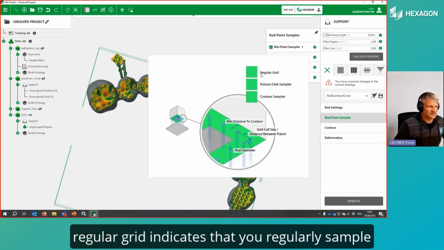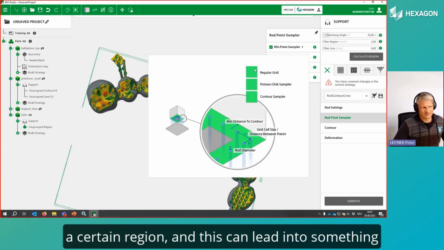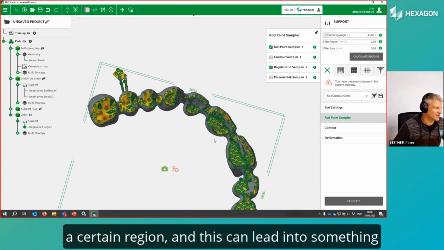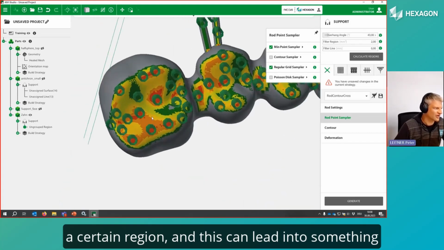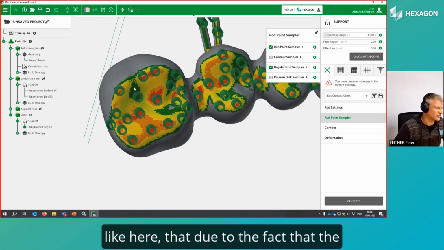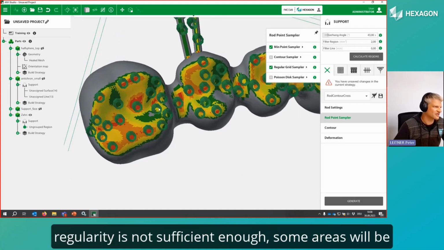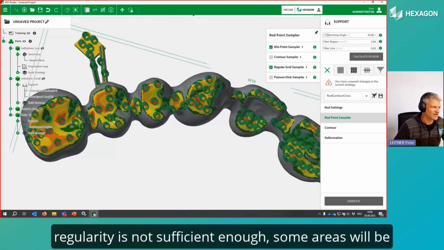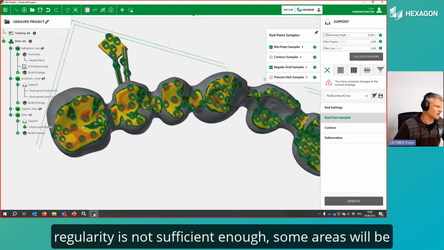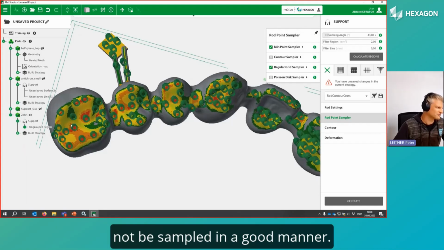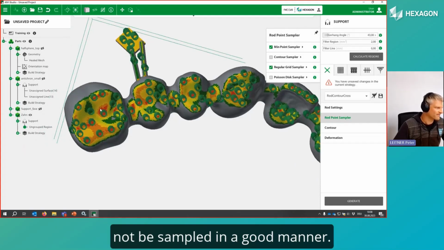Regular grid indicates that you regularly sample a certain region, and this can lead to something like here, where due to the fact that the regularity is not sufficient, some areas will not be sampled in a good manner.